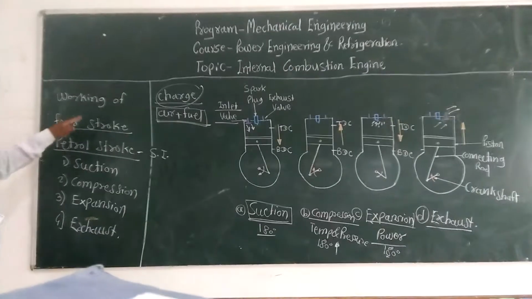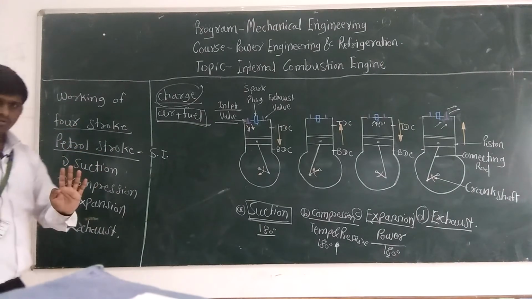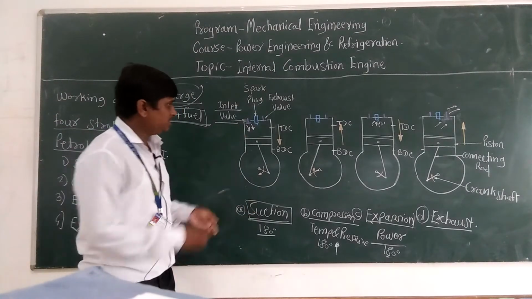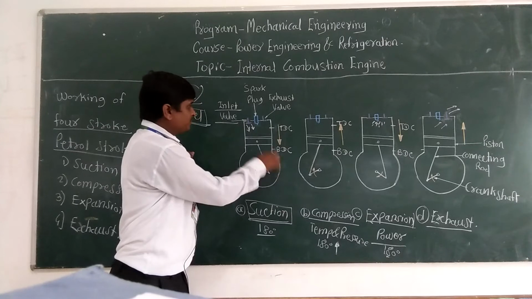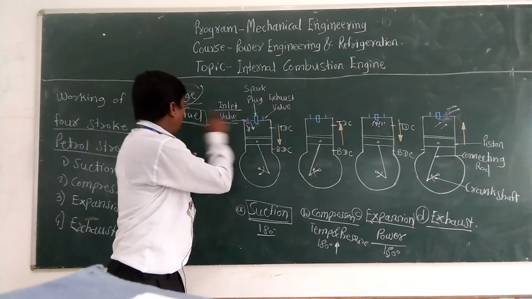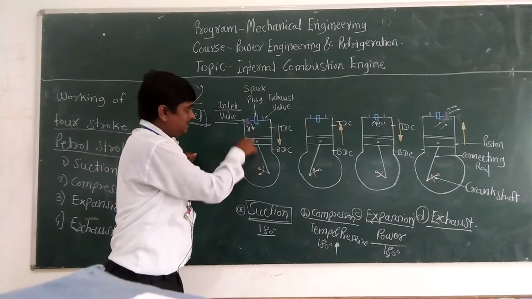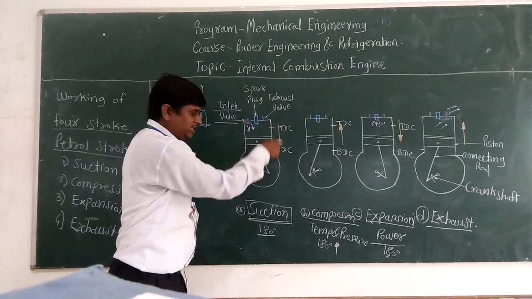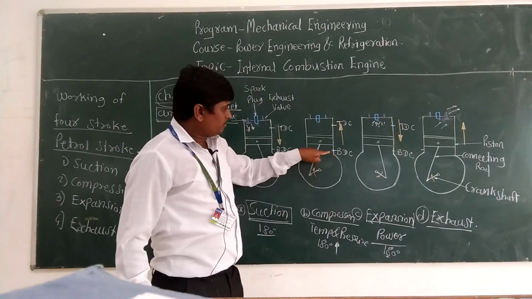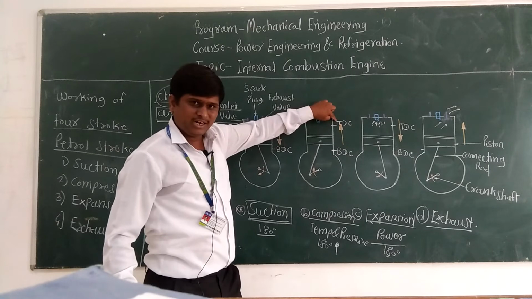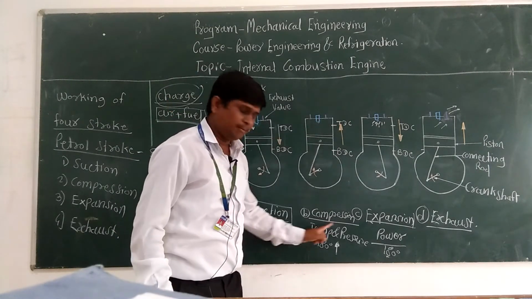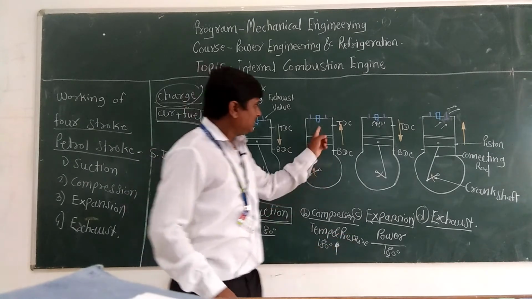So, in the 4-stroke petrol engine, 4 strokes are completed. The first is the suction stroke, in which the piston moves from TDC to BDC, the inlet valve is open, the exhaust valve is closed, and charge enters the cylinder. In the compression stroke, the piston moves from BDC to TDC and compresses the air and fuel mixture, due to which its temperature and pressure increase.